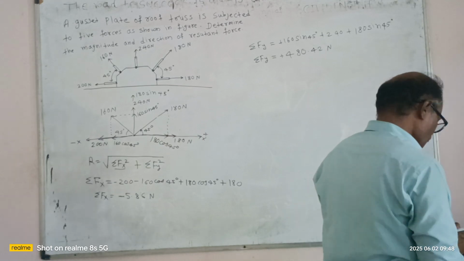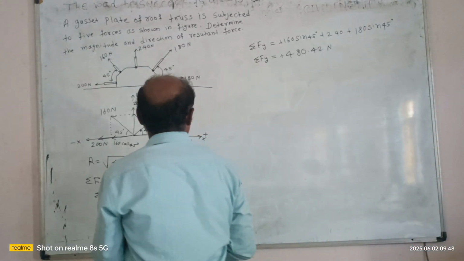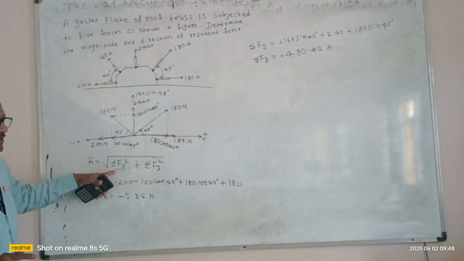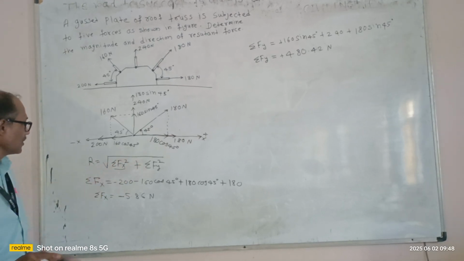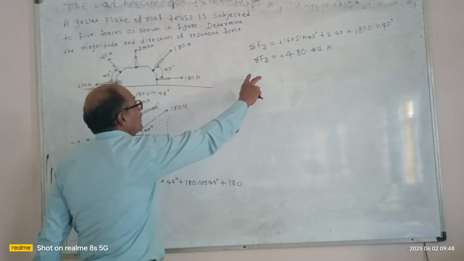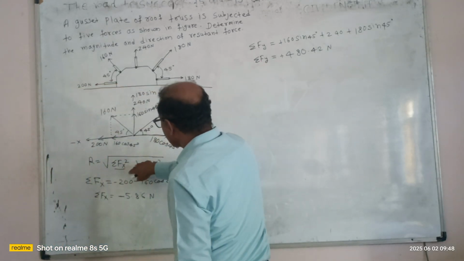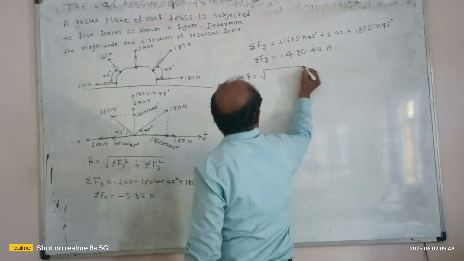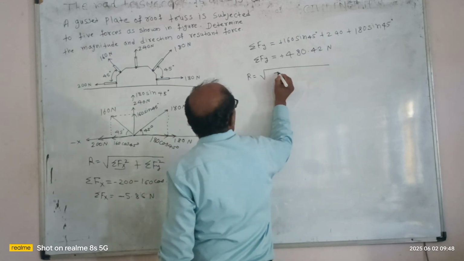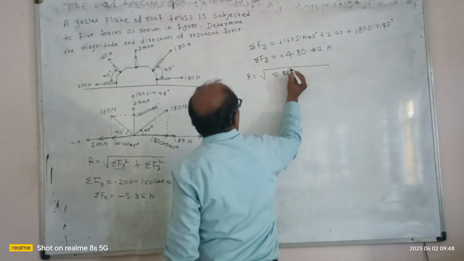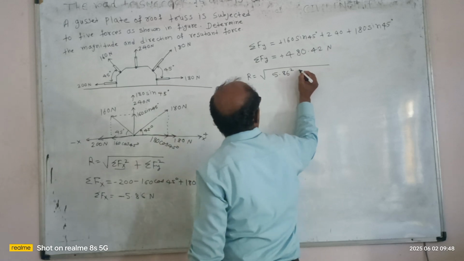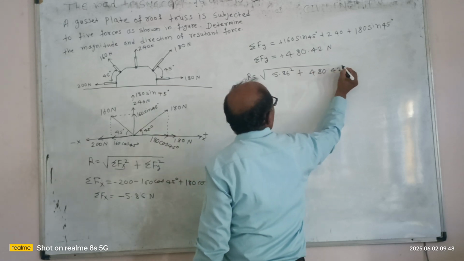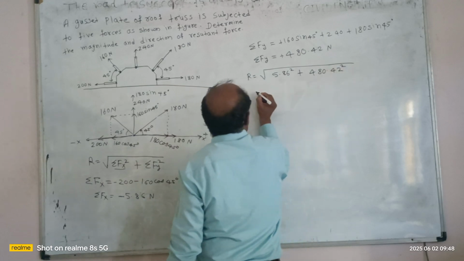Now, the resultant. The formula for the resultant is the square root of summation of Fx squared plus summation of Fy squared. Put the values in this expression. R is equal to the square root of 5.86 squared plus 480.42 squared. Solve it.